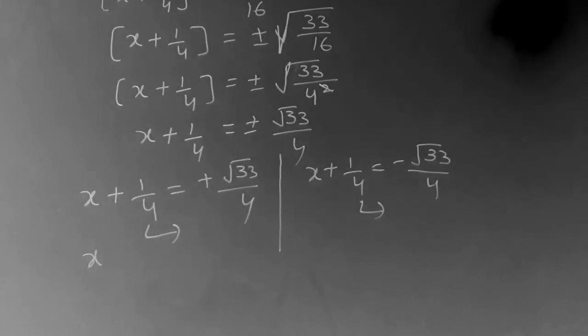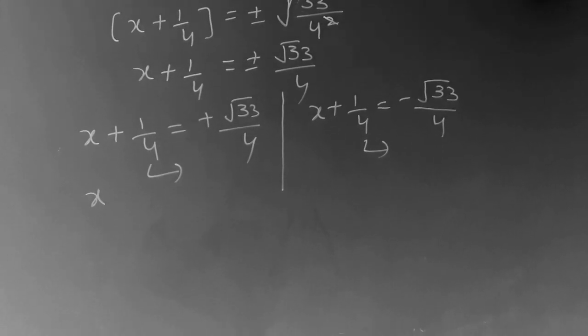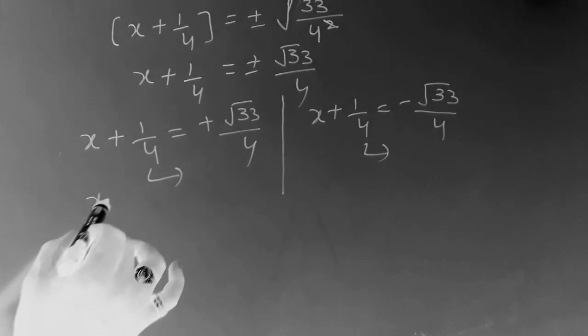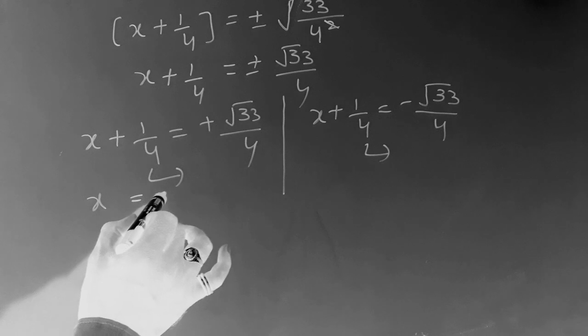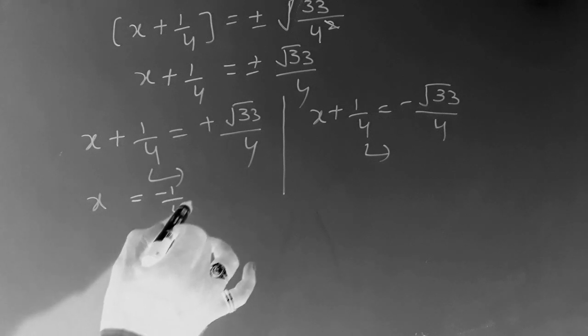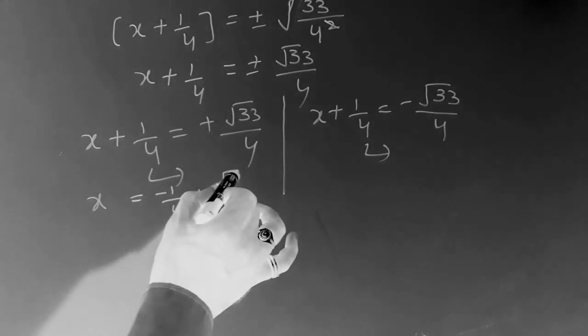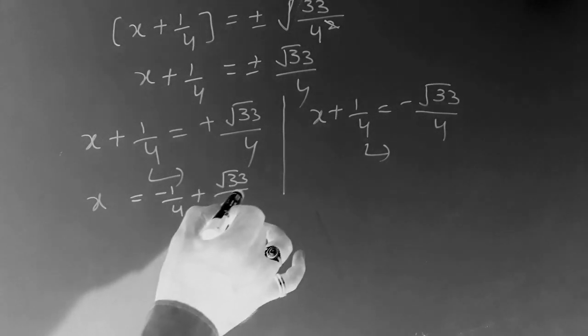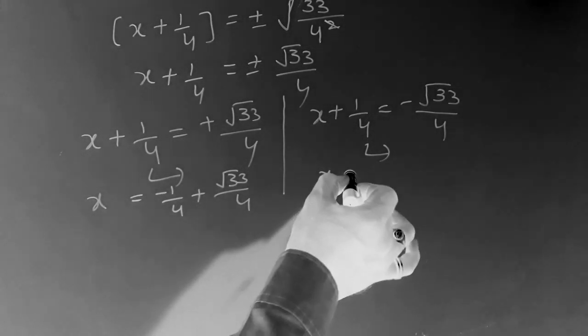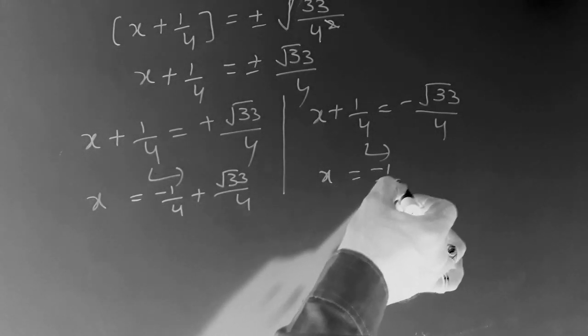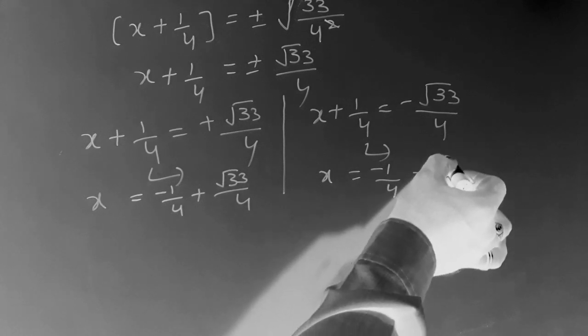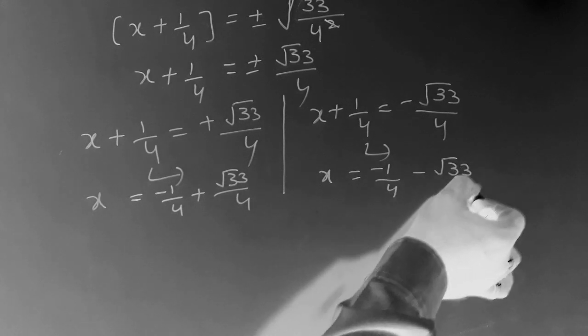So now here x is equal to minus 1 by 4 plus root 33 by 4, and x is equal to minus 1 by 4 minus root 33 by 4.